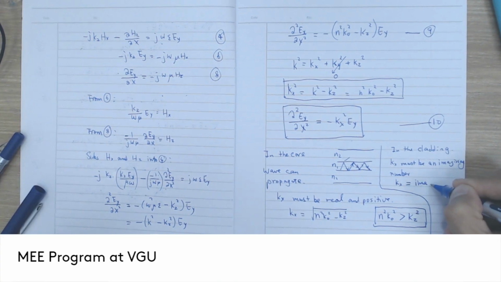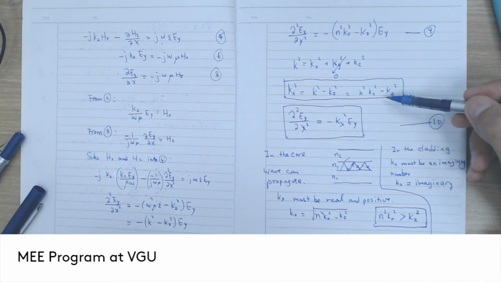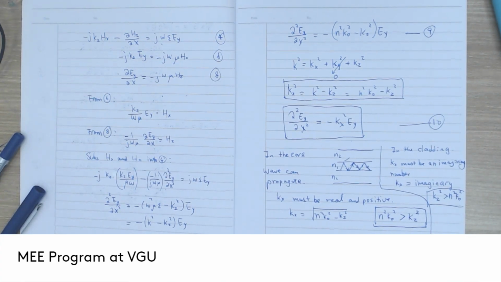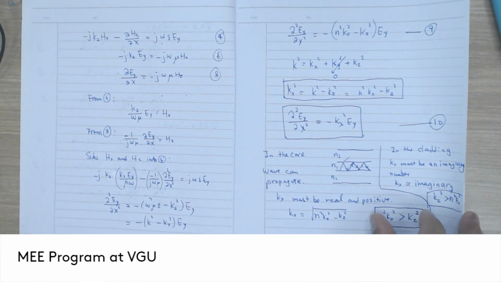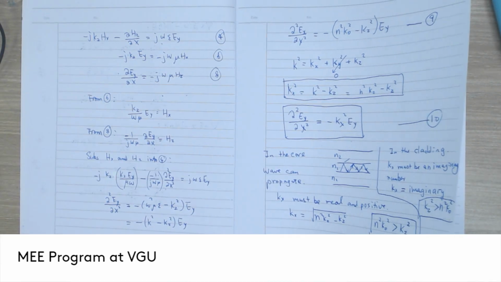Imaginary. So the only condition that will lead you to an imaginary number is for Kz bigger than this. So it's the complete opposite. Kz greater than. So this is the condition for the cladding. And I'm going to use these two criteria to come up with the solution, absolute solution.